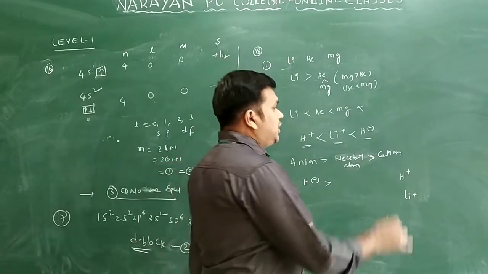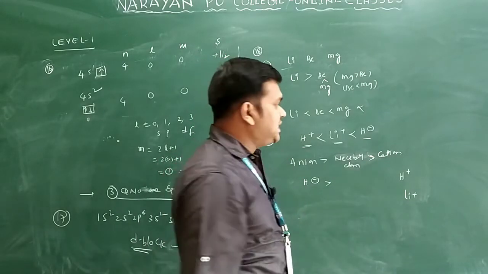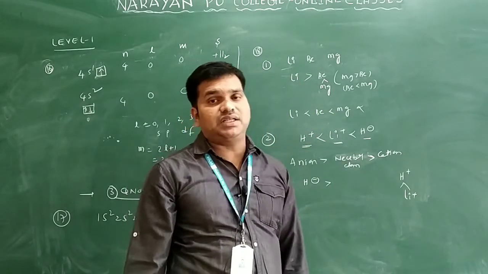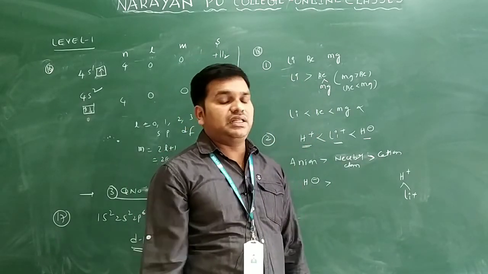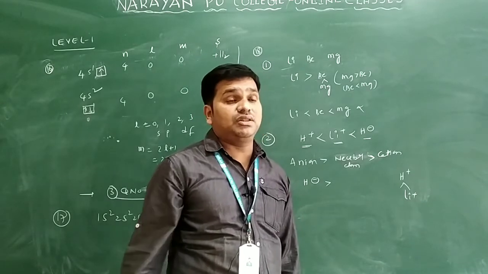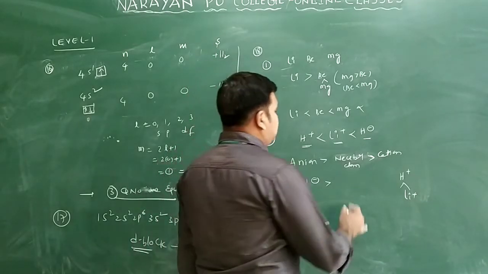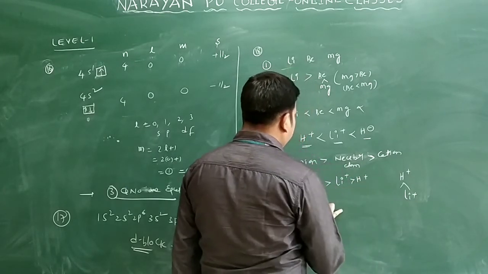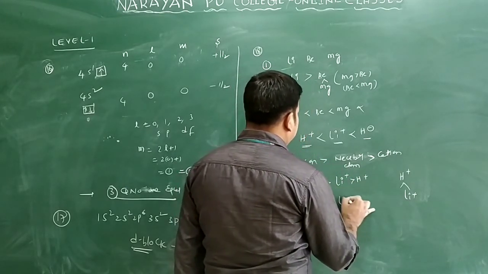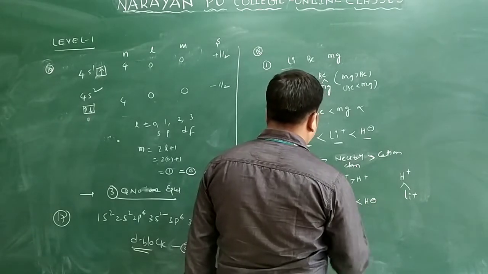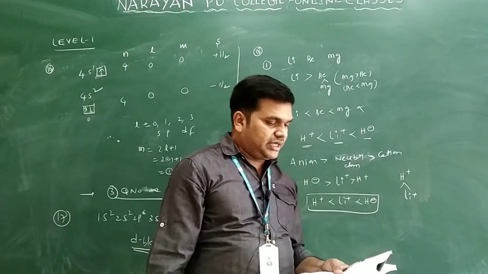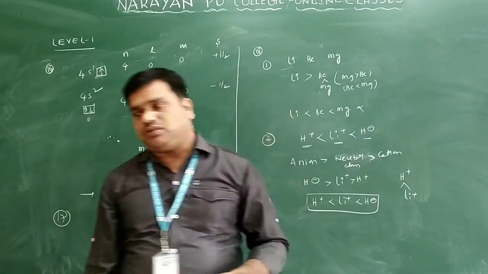In a group from top to bottom, size increases. So lithium is greater than H plus, because the 2s orbital, 2s1, is there in lithium, but only 1s1 is there in hydrogen. So H plus is less than Li plus, which is less than H minus. This is the answer. You will take option 2 for this question.